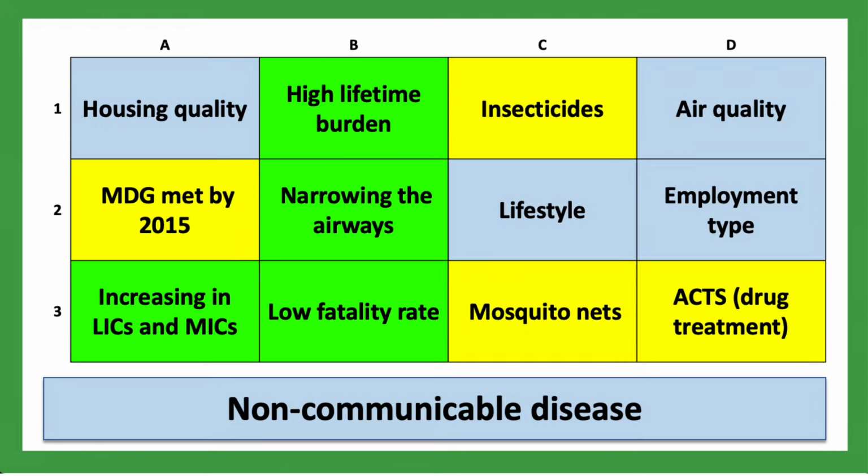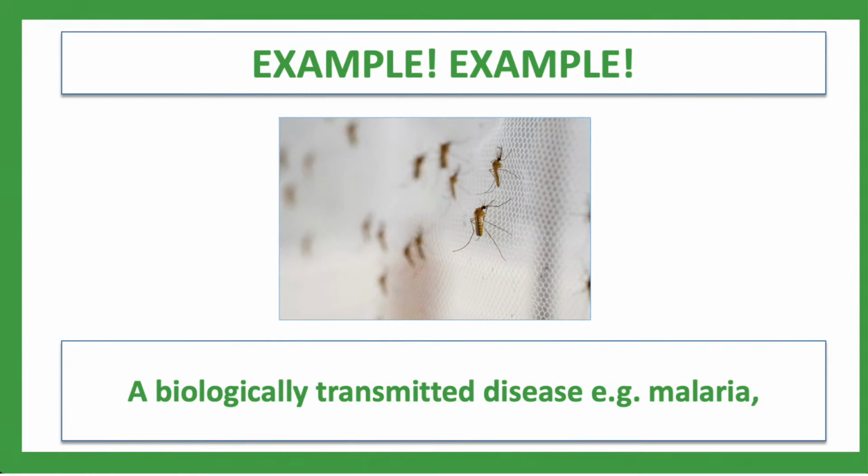And the other remaining 4 are all non-communicable diseases. So housing quality, lifestyle, employment type, and air quality. So that would be people getting disease from, say, air pollution. Okay, let's move on to the next activity.